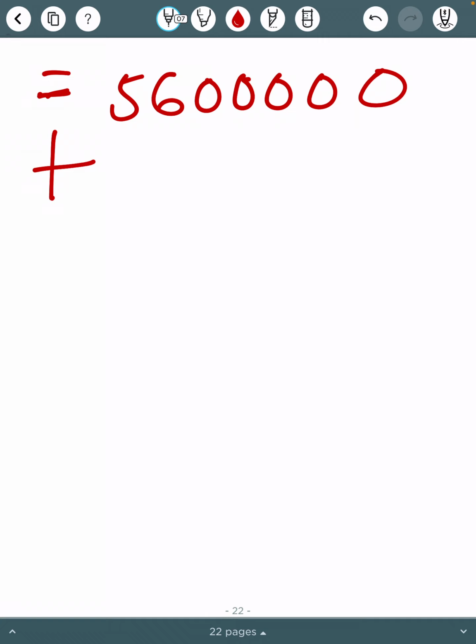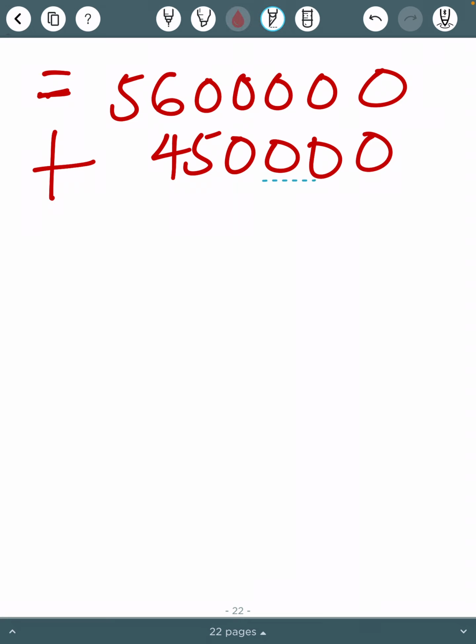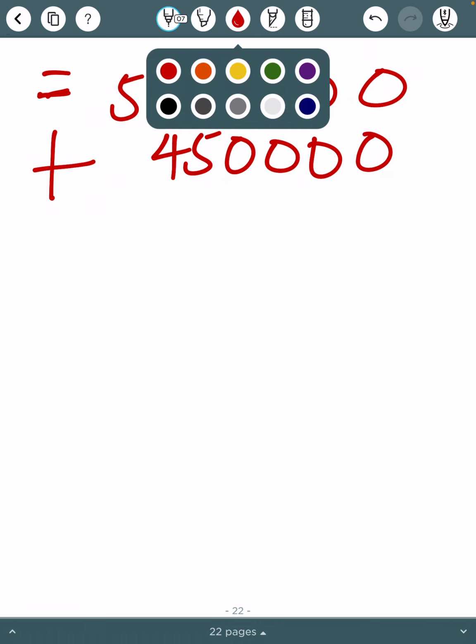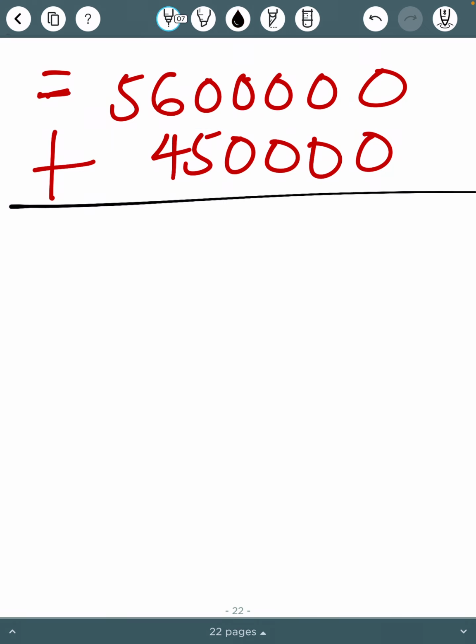And to add it to the second bracket, which is 4, 5, then 4 zeros, like 4, 5, 0, 0, 0, 0. So I'm to add those two. I think I should add those two first before subtracting the third bracket from it.